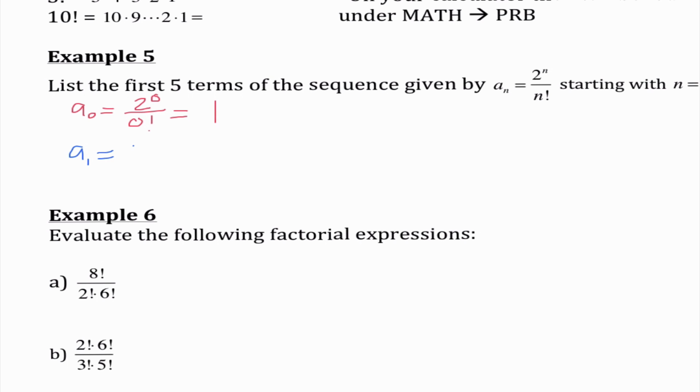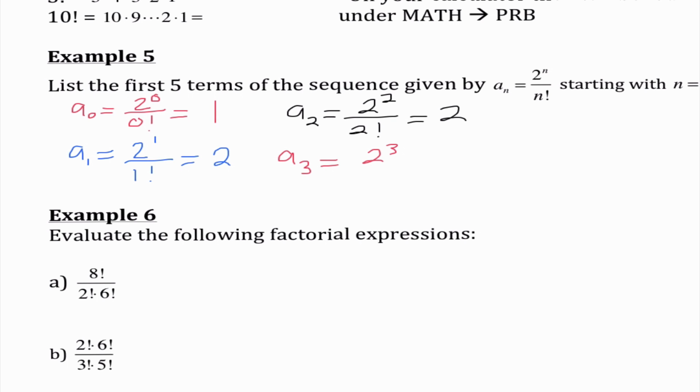A sub 1. 2 to the first power over 1 factorial would give me 2. A sub 2. 2 squared over 2 factorial would give me 4 over 2 times 1, so 4 over 2 is 2. A sub 3. 2 cubed over 3 factorial gives me 8 over 6, which is 4/3.